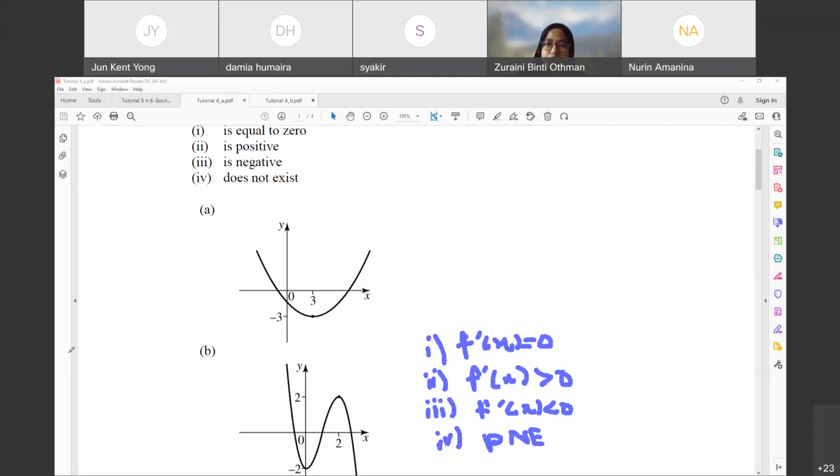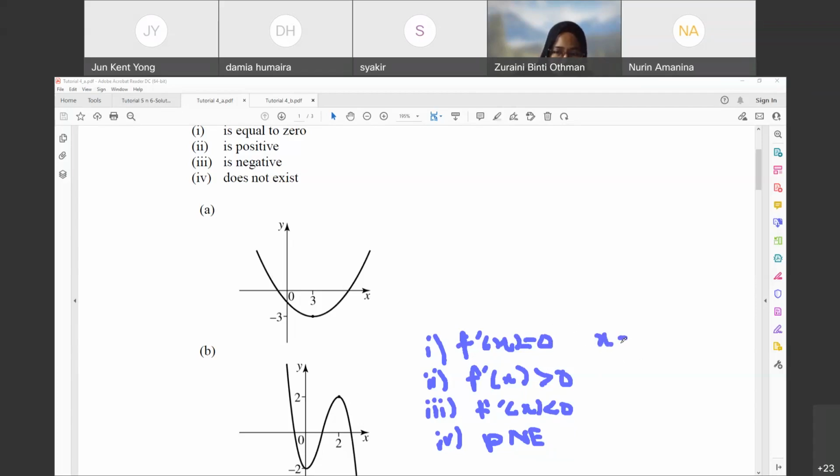Wujud tak? Okay, now number 1A, may I call the name here? I know Sophia. Sambil-sambil saya mark attendance. Sophia, are you there? What is the value for x is equal to 0? Apa saya tak dengar?